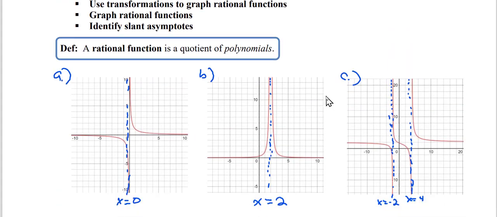Well, as x gets really, really big, so we're tracing along the graph here, does it appear to be approaching a horizontal line? And the answer is, yeah, it appears to be approaching this horizontal line y equals 0. Same thing going this way along the graph. It appears to be approaching the x-axis, which is the line y equals 0.